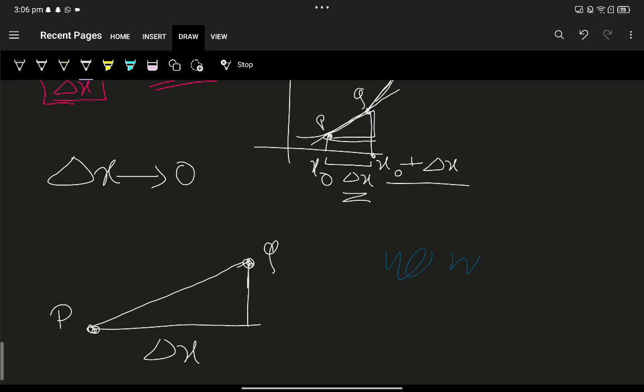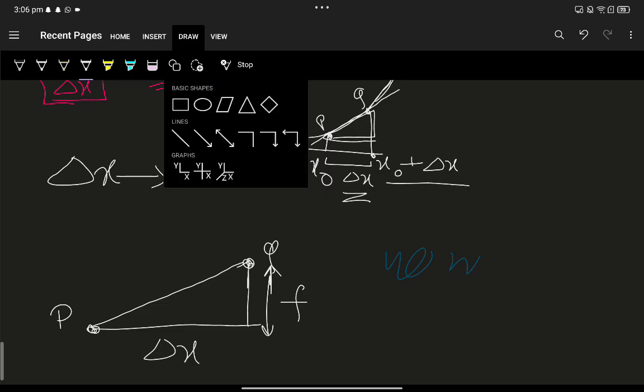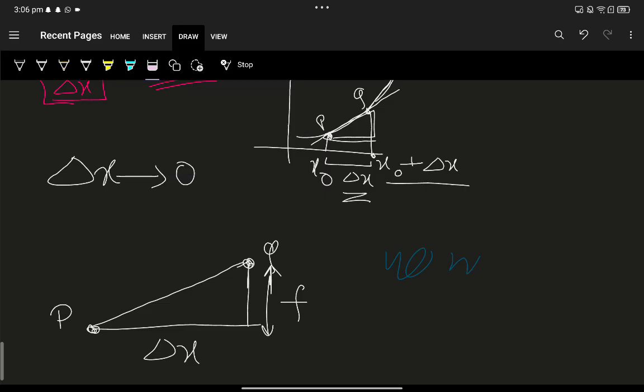And this distance on the y-axis is delta f, the change in y. This is delta f, the change in the value, or you can also say delta y. Both are used interchangeably, delta f or delta y.